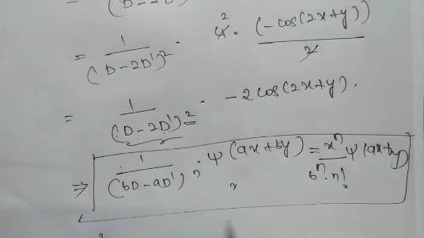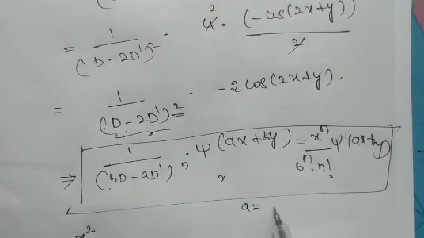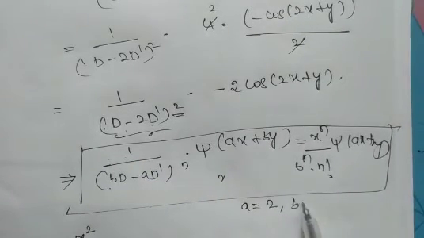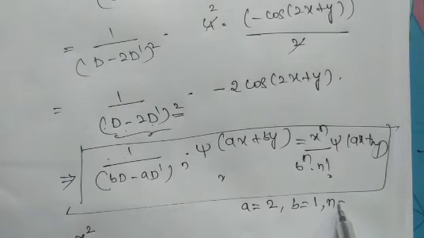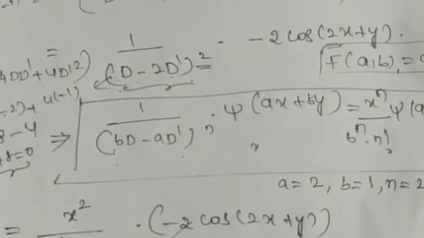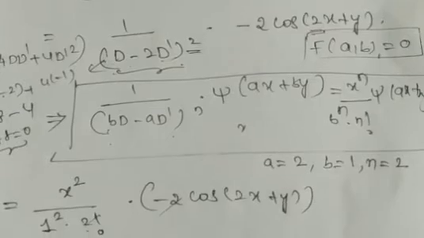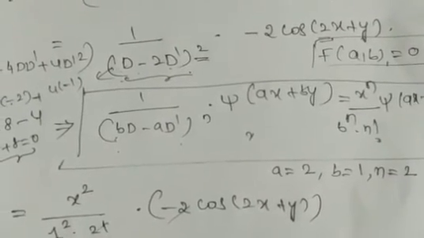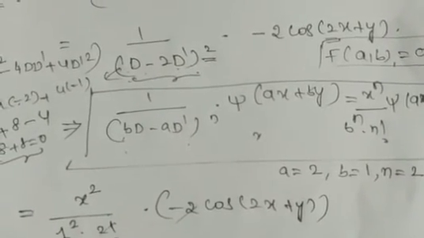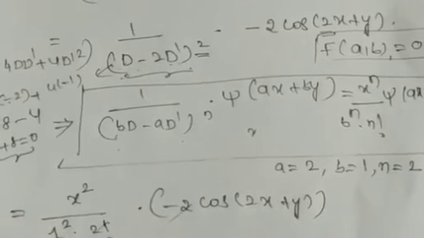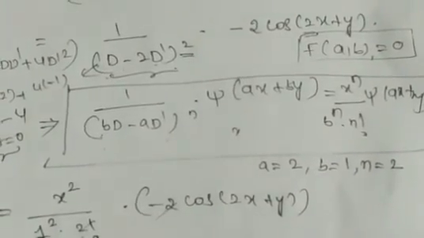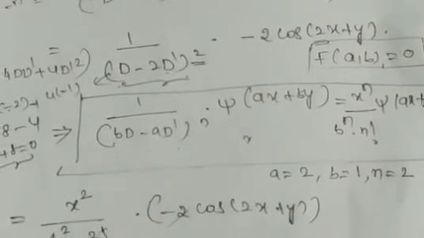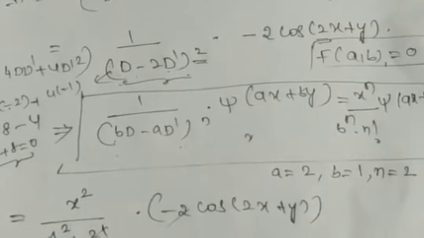Here I am writing the values, a equal to 2, b equal to 1 and n equal to 2. So therefore x square by 1 square into 2 factorial into minus 2 cos 2x plus y. So therefore our particular integral, that is minus x square into cos 2x plus y.